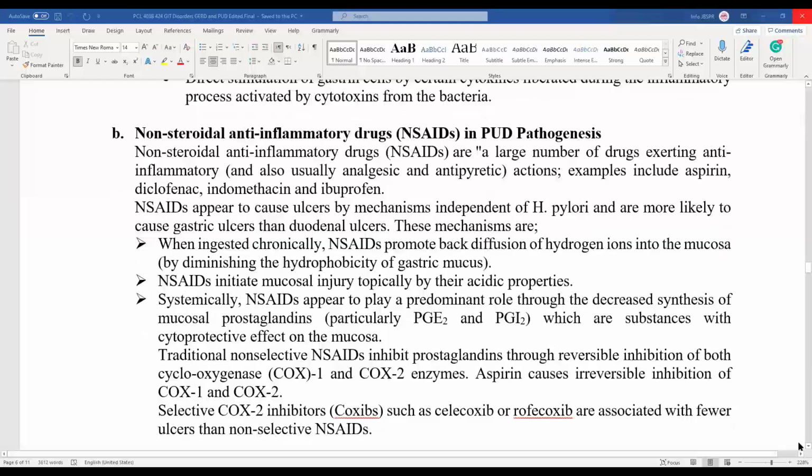Indocid, yes. And we are told that the way NSAIDs cause ulcer is different from how H. pylori causes ulcer, but there could be a complex combination of the two for peptic ulcer.